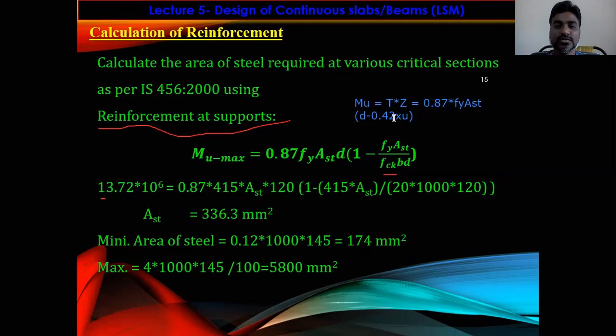right? So don't substitute the x_u,max whatever we have used for checking the depth required, right? Because that is only for the purpose of checking. So you should not use that x_u,max here. Here you need to use the actual depth of neutral axis.